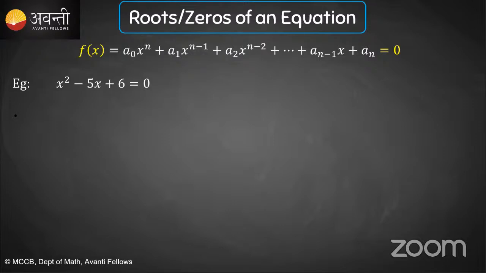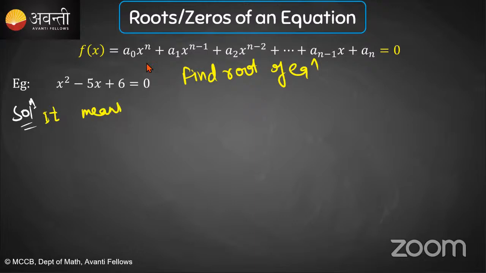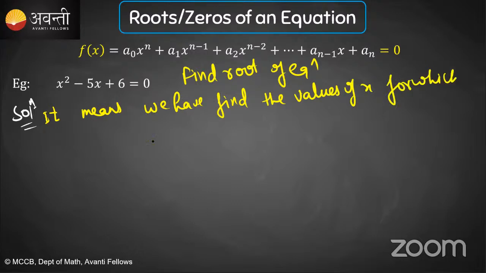When I say find the root of an equation, it means we have to find the values of x for which x square minus 5x plus 6 is equal to 0. Is it clear?